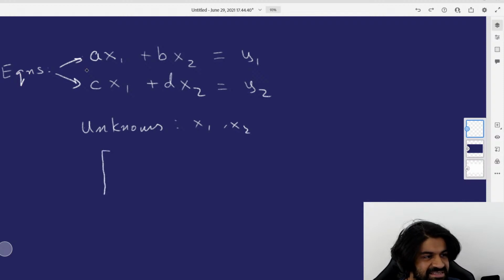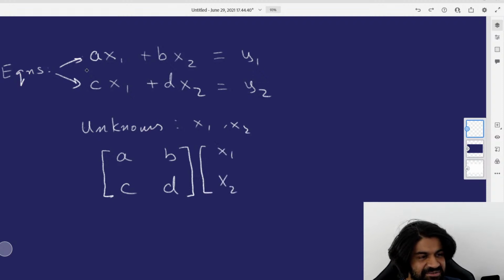Basically what this is saying is that the matrix A, B, C, D times the mystery values x1 and x2, these are the ones we do not know, should equal y1 and y2.